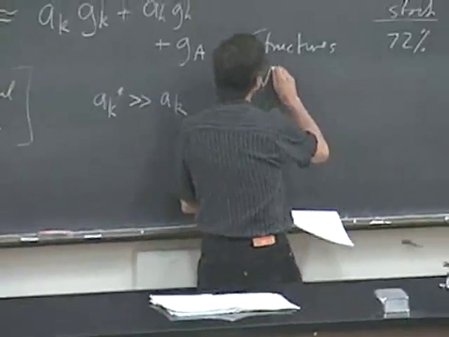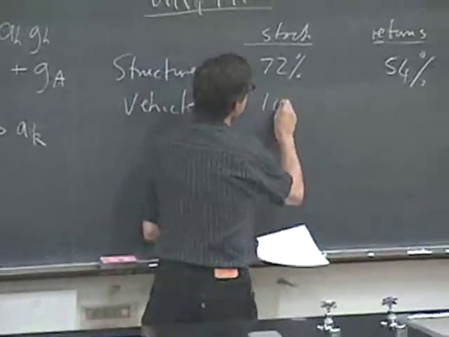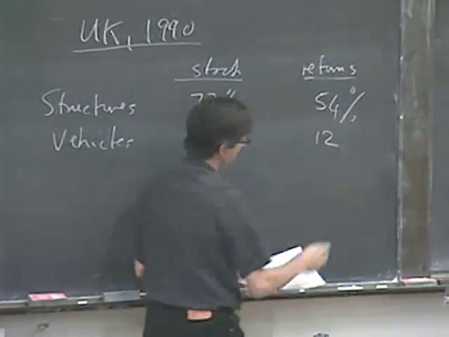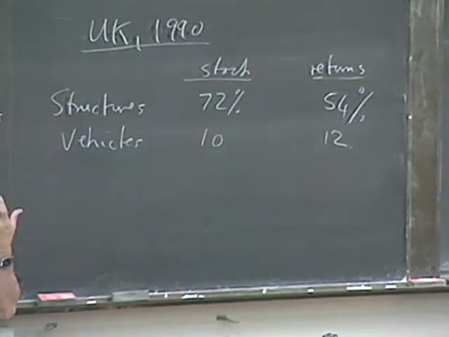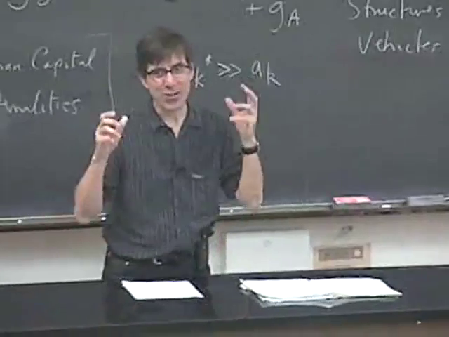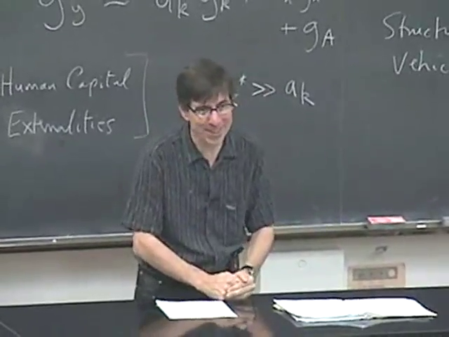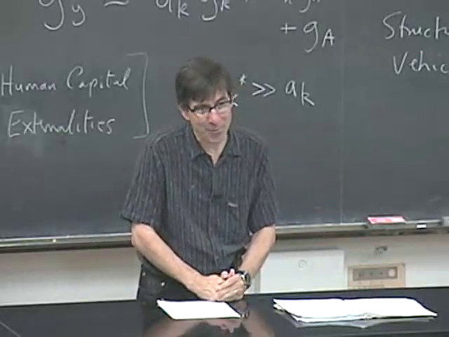A second part of the capital stock is vehicles: 10% in the UK in terms of stock, 12% in terms of returns. Again, where are the huge externalities that show up whereby if one person buys a Hummer, that somehow increases the productivity of the rest of the economy?